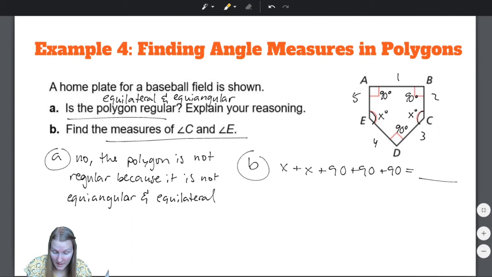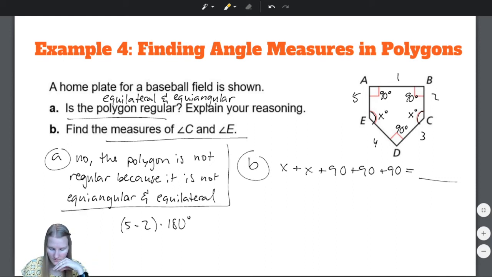How many degrees are in a 5-sided shape? Why don't we find out? N minus 2 times 180, but now n is 5. I have a 5-sided shape. So this is separate from part A. But I have 3 times 180. I feel like I should be able to do that in my head. It is 540.